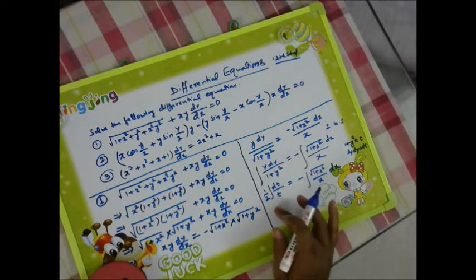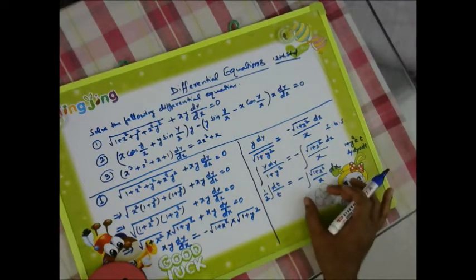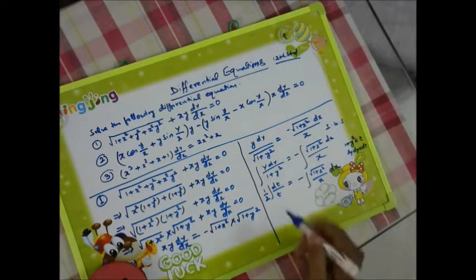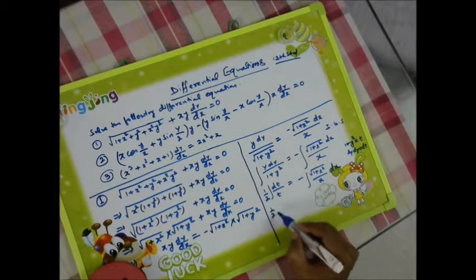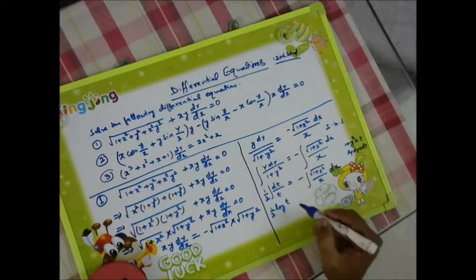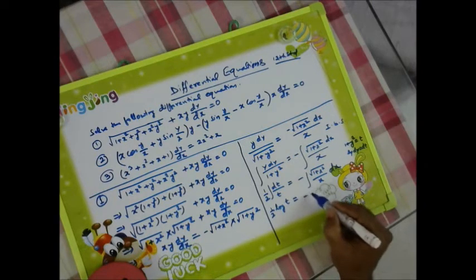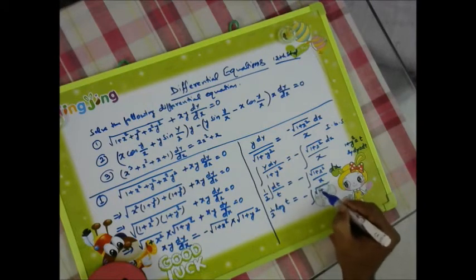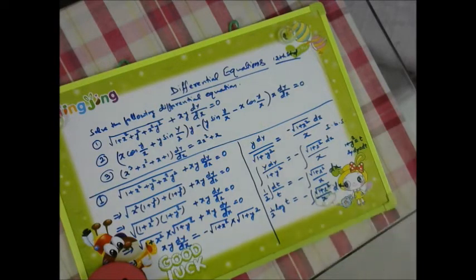Now let us solve this side first, then we will solve the RHS. So here it has become half log t is equal to minus whole root 1 plus x square by x dx.